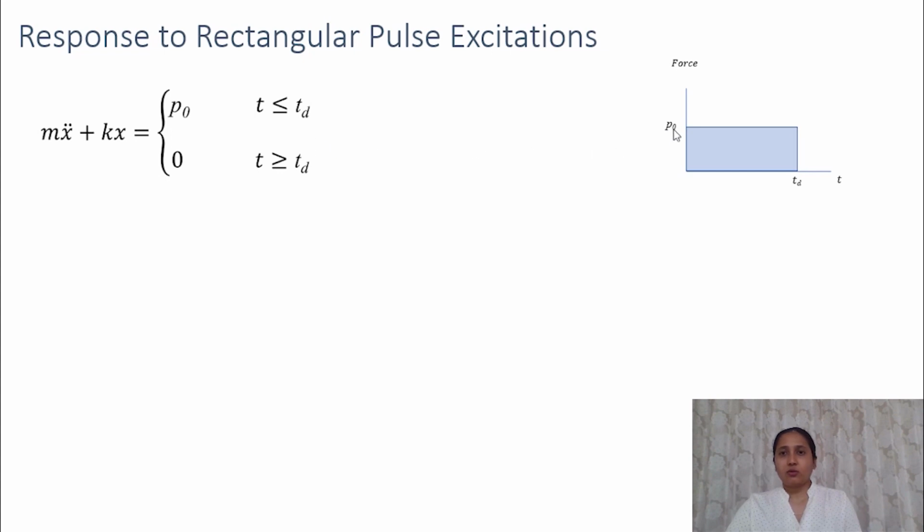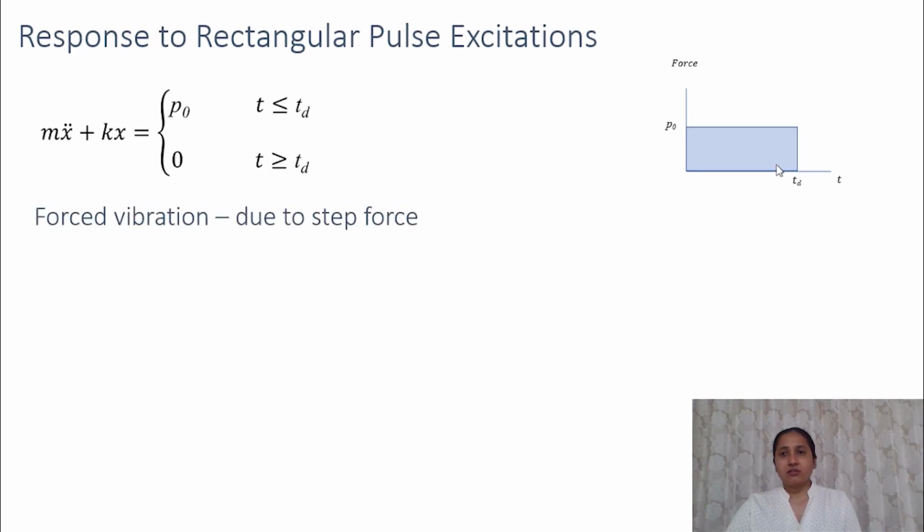P naught is the amplitude of the pulse, and it exists for a duration Td. So we can express the force as this: the force is equal to P naught if t is less than Td, and the force is 0 if t is greater than Td. So we can solve this equation and find the response.